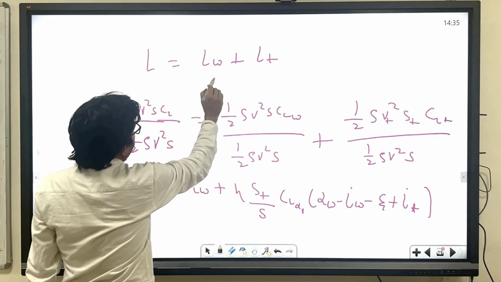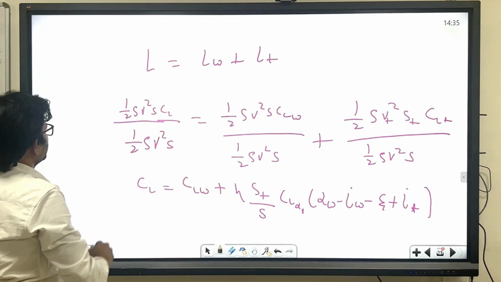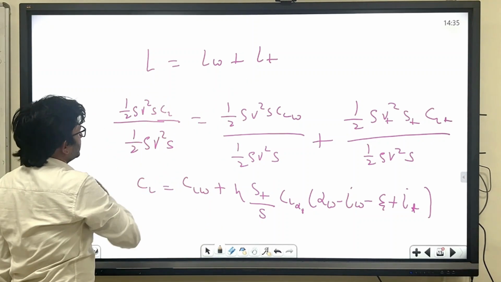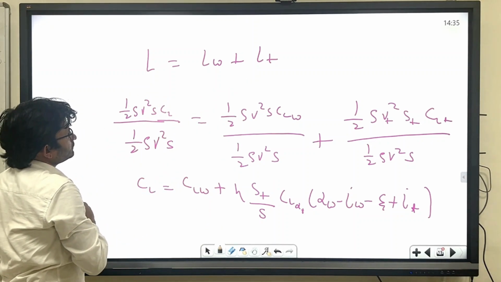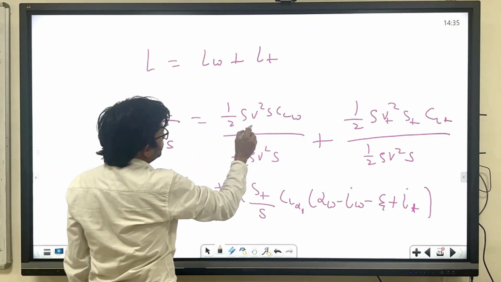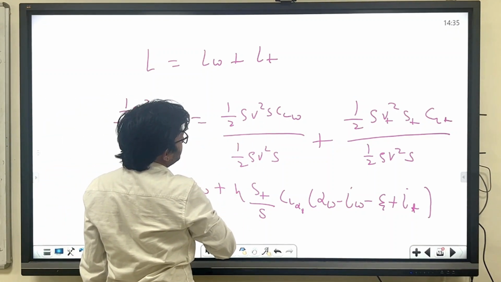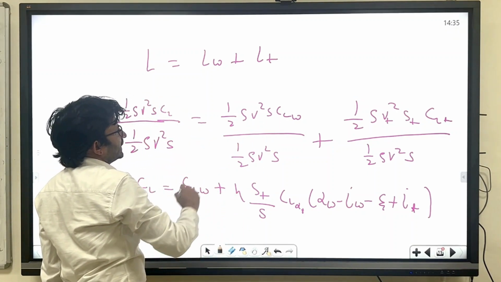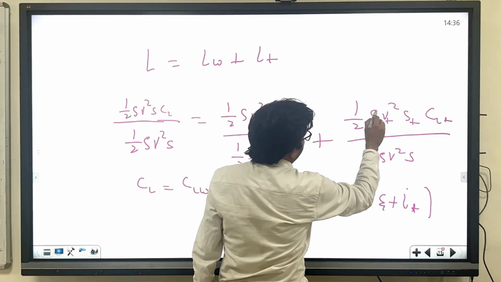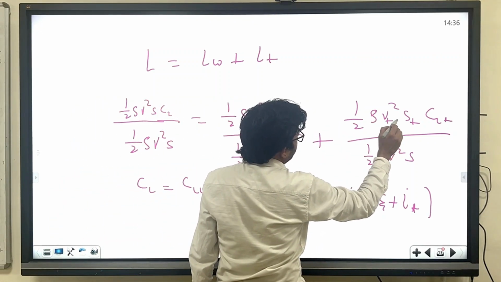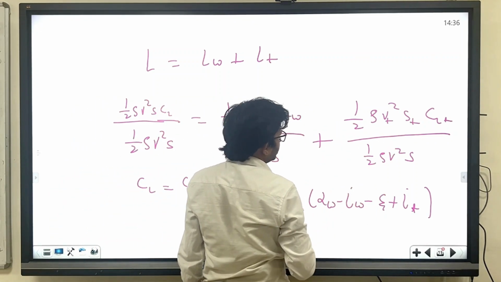Total lift equals lift of wing plus lift of tail. Total lift you can write as half rho V square S into CL, and wing lift you can write as half rho V square S into CL of the wing, and tail lift you can write as half rho Vt square tail area into CL of the tail.